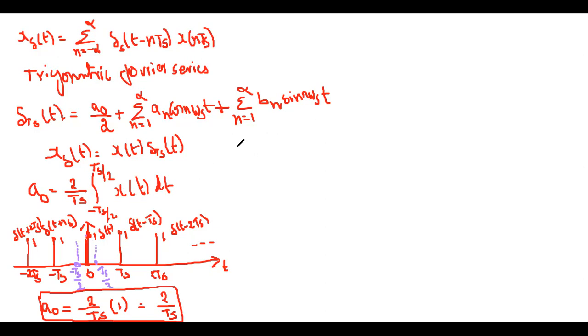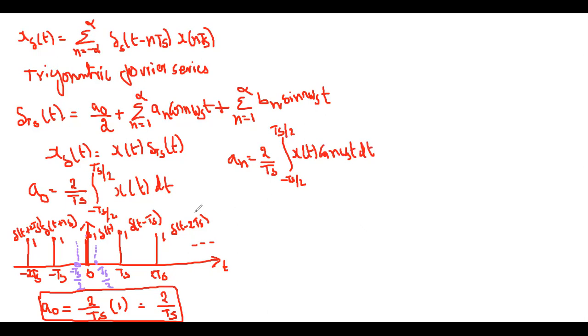The second thing, an is equal to what? The 2 by ts, integral from minus ts by 2 to ts by 2 of x of t, multiplying with cos n omega s into t dt.